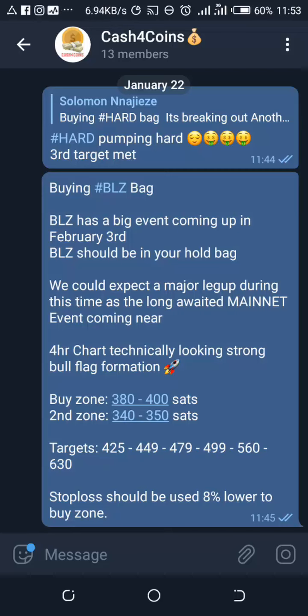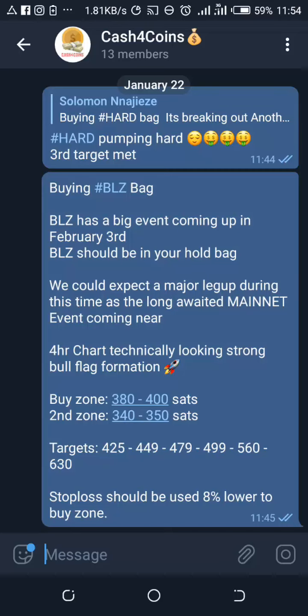So the first buy zone is between 380 to 480 Satoshi, and the second buy zone is between 340 to 350 Satoshi. So what this means is that if you miss buying between the first zone, you can also buy between the second zone.